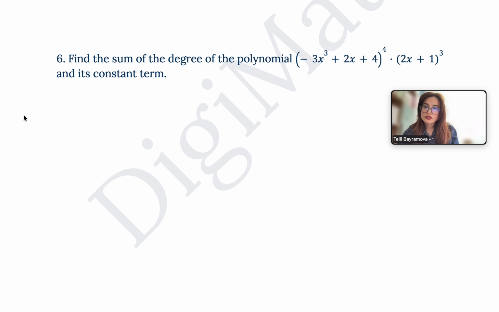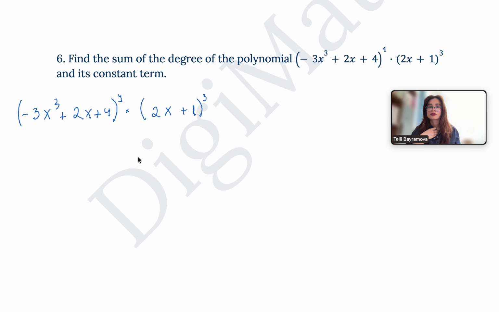Let's do negative 3x cubed plus 2x plus 4, to the power of 4. 90% of 9th grade students can't expand this bracket with binomial theorem, which actually they don't need. You can do step by step. Times 2x plus 1 cubed. Well guys, what do we have to do?